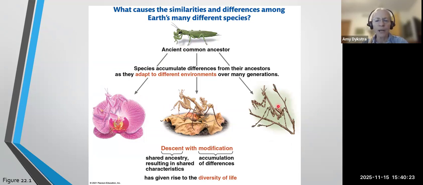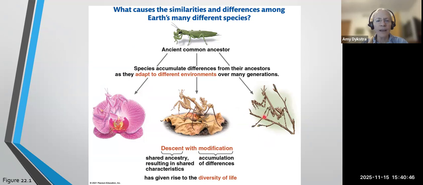And so these present day species of mantis that we see here have descended from a common ancestor, but each of them has been modified from that ancient common ancestor by the process. They've accumulated differences from this ancestor.